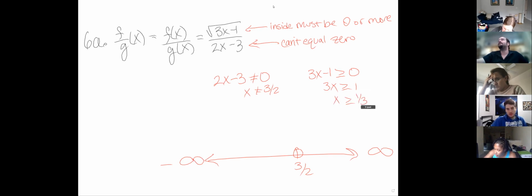Divided by 3, it'll be x greater than or equal to 1 over 3, because it must be 0 or more. So now it's going to be 1/3 or more.